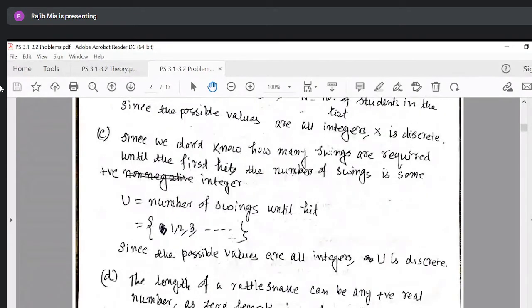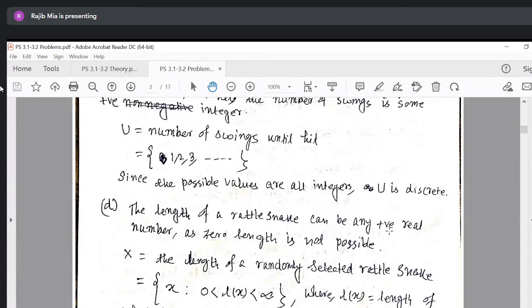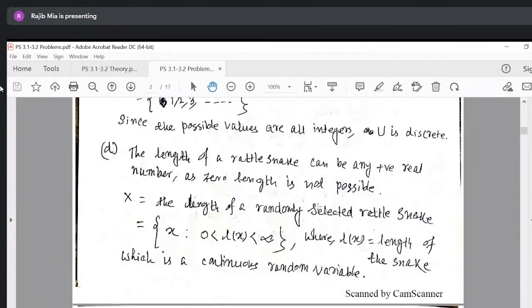But if it is given that there are 20 snakes and their lengths are like 10.5, or 10.6, or 12, suppose a data set of lengths for 20 snakes is given, then that is the discrete case.